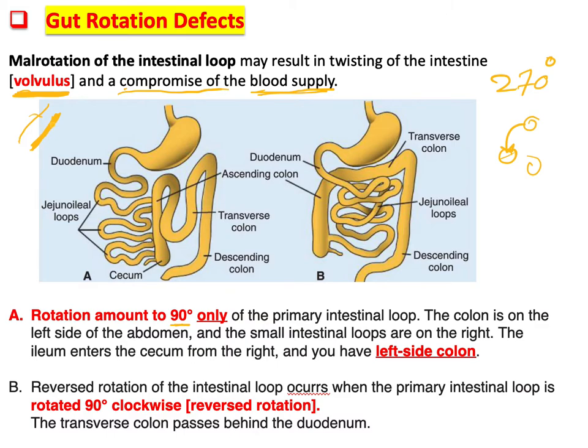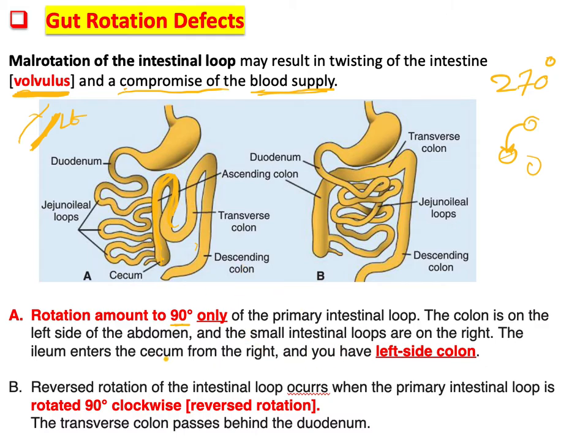That means still it is on the left, right? As in this case, look, the cecum, ascending colon, and transverse colon and so forth are located on the left, not on the right, which is incorrect. In this case, you have a left-sided colon.